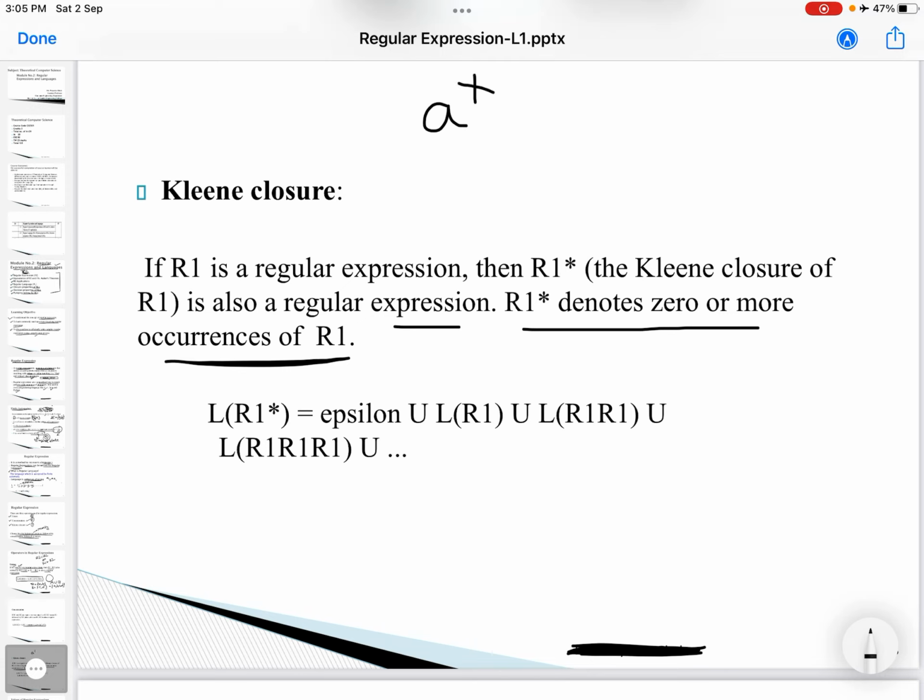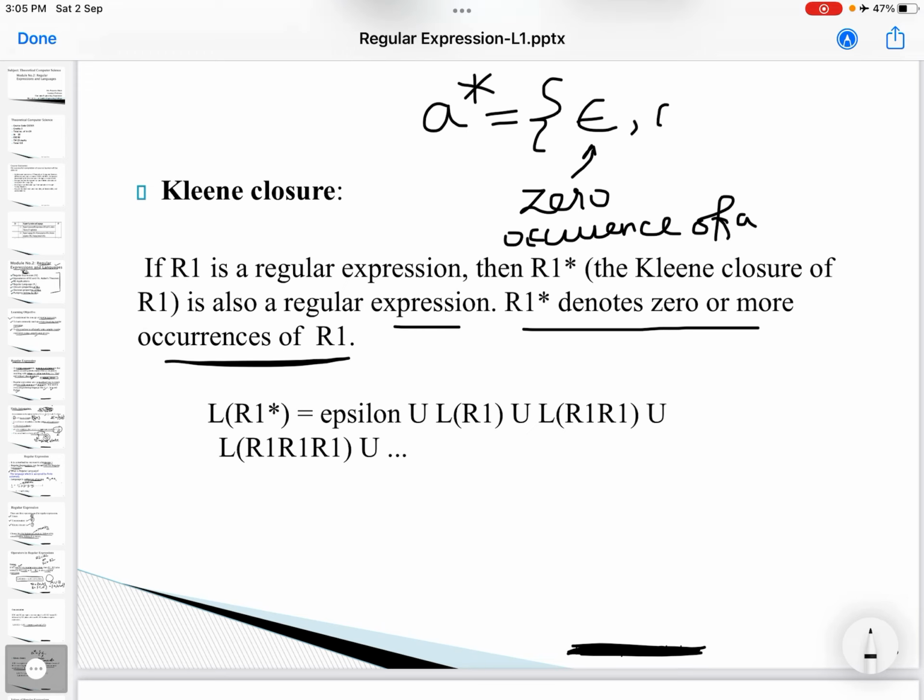Suppose there is a star, then what will be the Kleene closure? One will be epsilon, meaning zero occurrences of a. Then we can have a single a, two times a, three times a, four times a, and so on.